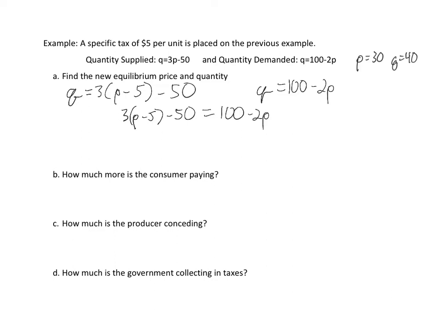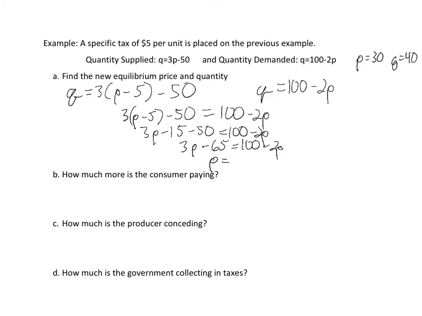If we solve this equation, if we distribute in 3, we get 3P minus 15 minus 50 equals 100 minus 2P, or 3P minus 65 equals 100 minus 2P. And hopefully you could solve that from there, as we previously have done problems.